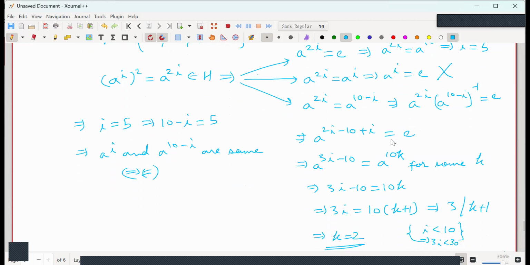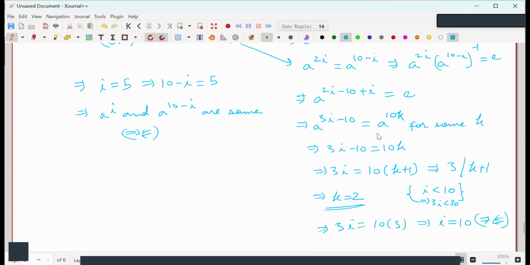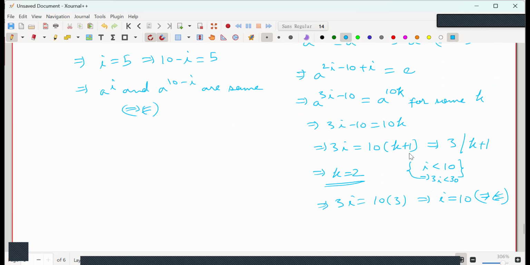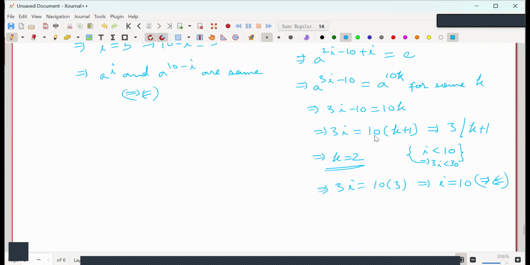So I will take a^(10 minus i) to this side by taking the inverse. It will be a^(2i minus 10 plus i) equal to identity, and it has to be some power of a^10. So 3i minus 10 is equal to 10k for some k. And 3i is 10 taken common with k plus 1, and 3 is a prime.